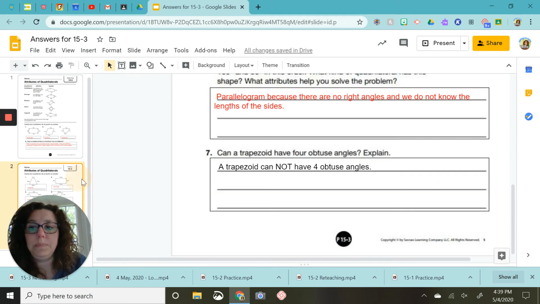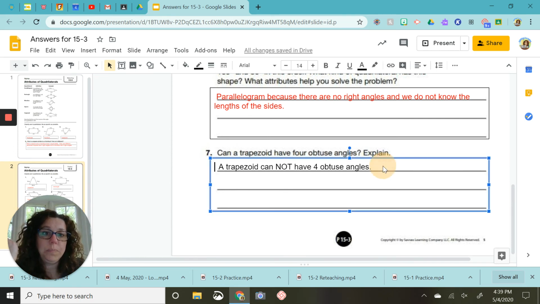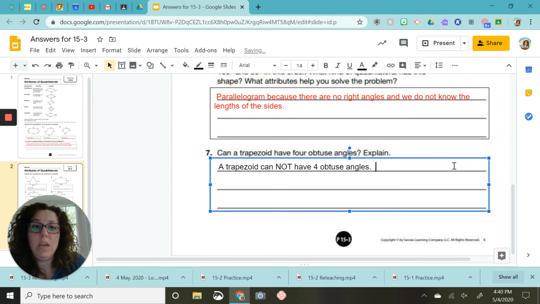Let's just think about that. Right angles are 90. Let's just say every angle was 91 degrees. Then when I would add up 91 four times, that would give me more than 360 degrees. So that cannot work, okay?